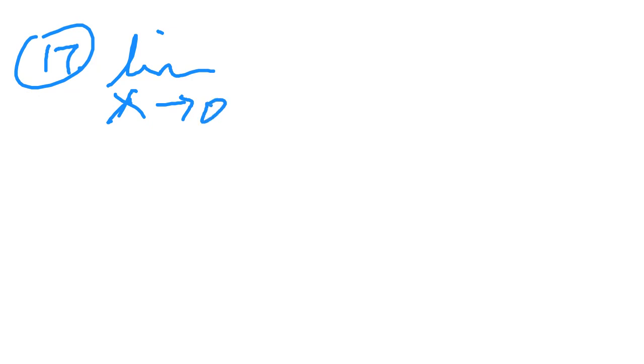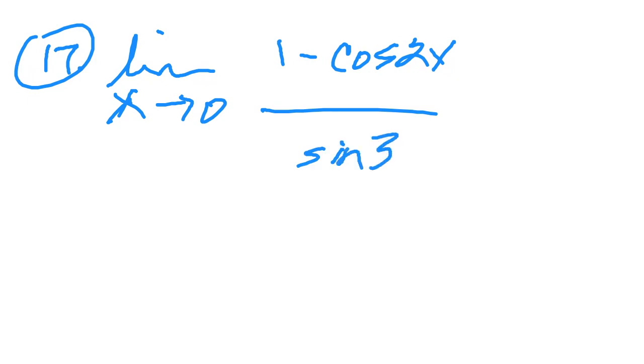Now we've got the limit as x approaches 0 of 1 minus cosine 2x all over sine of 3x. I'm going to leave some room here, because I want to make both of these look like our theorem. On top, if I've got 1 minus cosine of t, I'd want it over t, so that's over 2x.